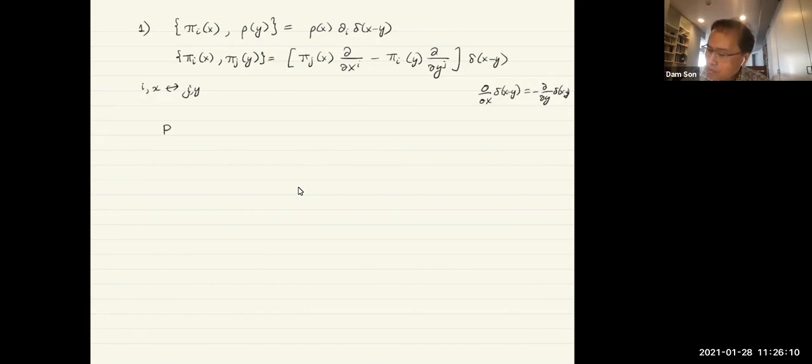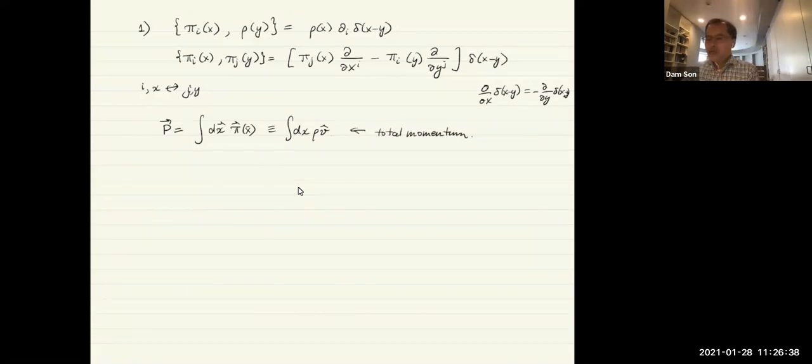If I introduce something that I call vector P, the integral over the whole space of the momentum density, or just the integral over x of rho v, this is the total momentum. And let's check how the Poisson bracket of P with some quantity looks.